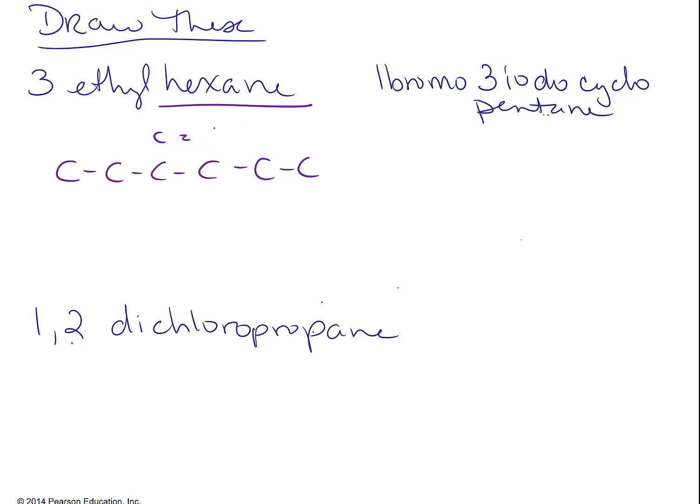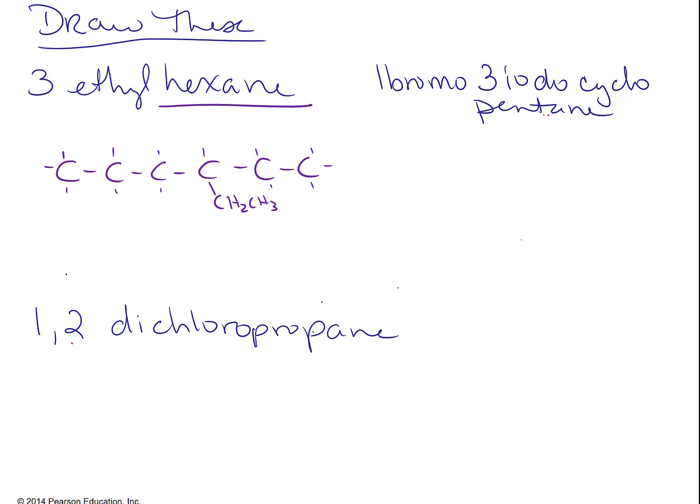It would also be fine if you did it so that you put it off of this one, right? So you can see the way I drew it right there and the way that I drew it before. Remember that all the rest of these would all be hydrogens. 3 hydrogens on the end carbons, 2 hydrogens on all the other carbons except for this one, because it's got an ethyl group, it only has 1 hydrogen.